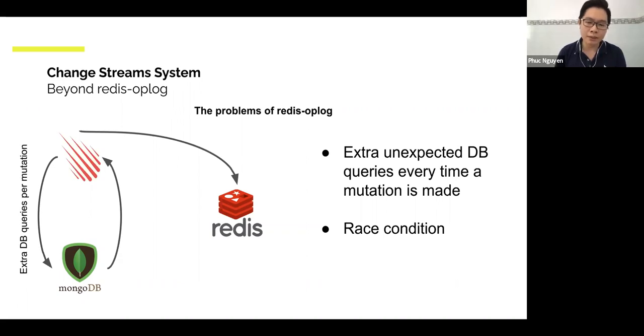However, if you turn on this option, the number of extra requests per mutation will increase dramatically. And in the case of Pathable, it overloaded our database even with an M300 cluster with 96 virtual CPUs, and that's a lot and still overloaded. So in the end, we had to turn it off.